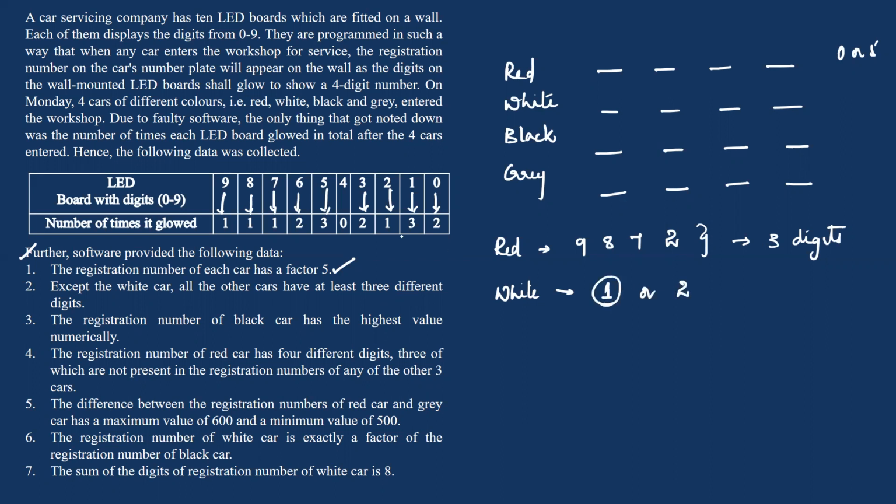Now this is not possible because none of these digits have been repeated 4 times in total. So I can say that white car has only 2 distinct digits, and the sum of the digits of registration number of white car is 8. So how can that be possible? It will be possible only by considering the numbers 5, 1, 1, 1. And this number should also be divisible by 5. So I can say that the registration number of white car is 1115.